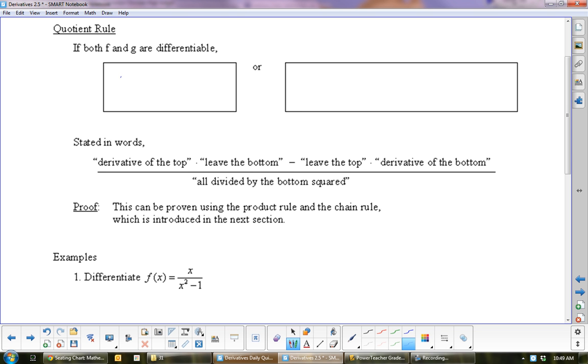So if you have f over g, it says find the derivative of that. The way you do that is you go f prime, or derivative of f, times g, minus the function f times the derivative of g, all over g squared.